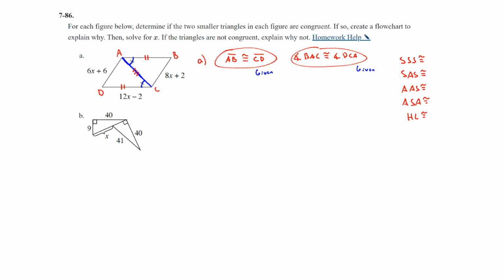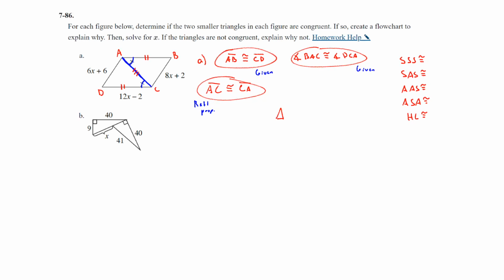We then were able to say that AC, try to stick to my colors here, AC, line segment AC, is congruent to line segment CA. And the reason for that is the reflexive property. Okay, so those are the 3 things that we need. We have side, angle, side, and then that will create our triangle congruency.